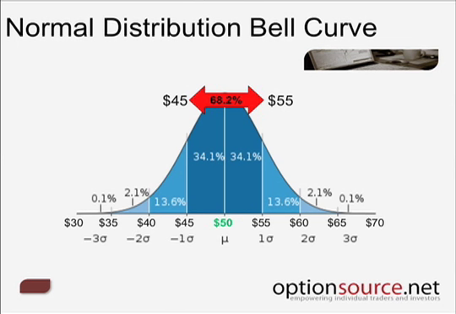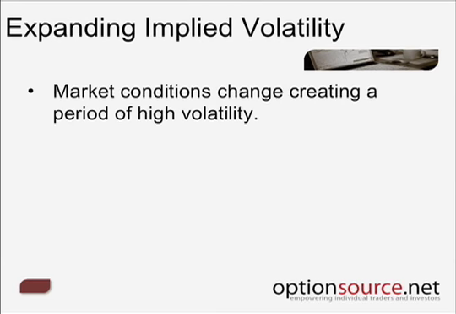So if we look at the adjustment to volatility, when certain market conditions change, implied volatility will expand, and this is based on the risk that the market maker has to assume to take the other side of the trade.